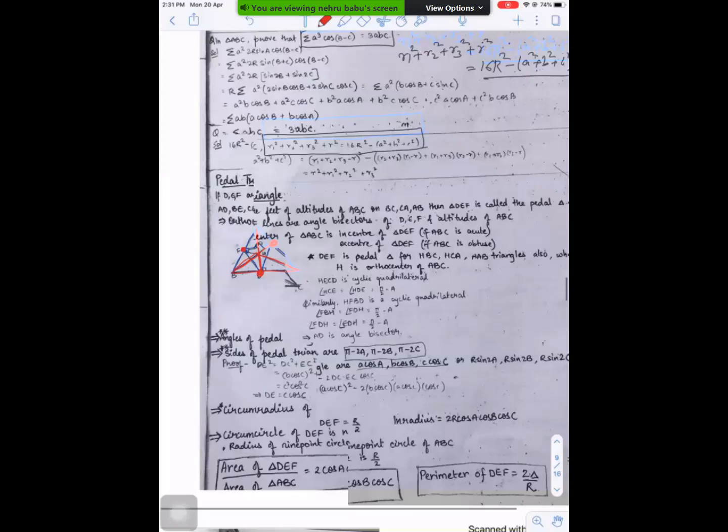Now in this, what are the angles of the pedal triangle? The angles of the pedal triangle are 180 minus 2A, 180 minus 2B, 180 minus 2C.